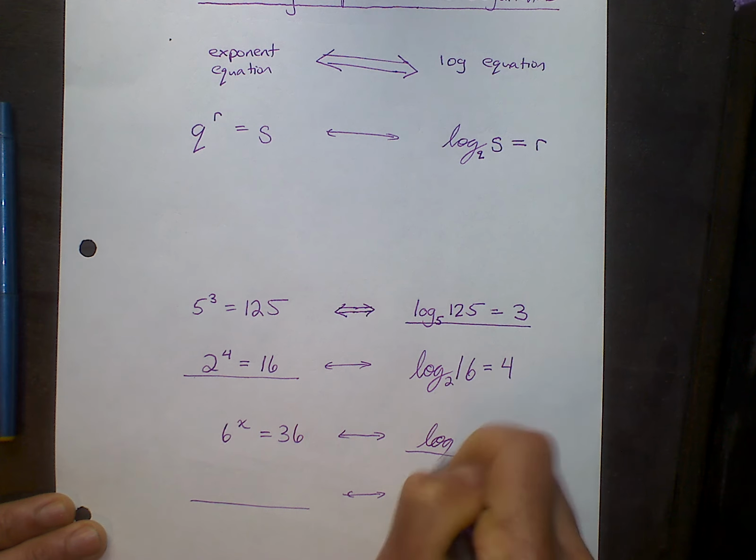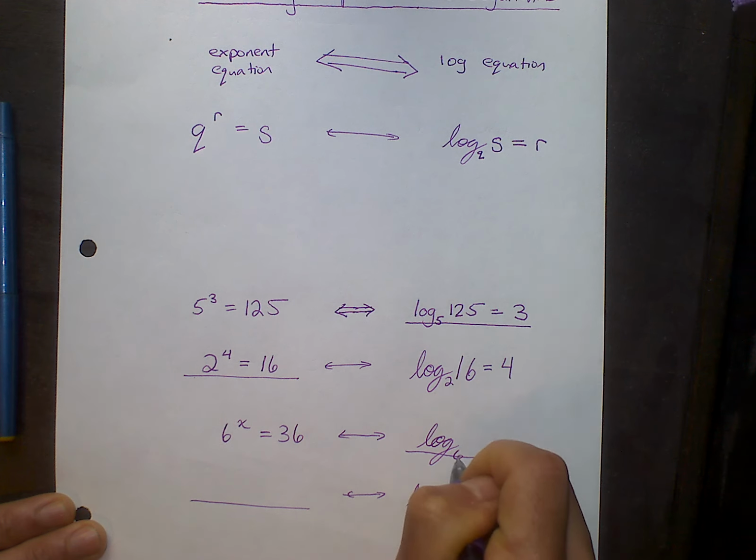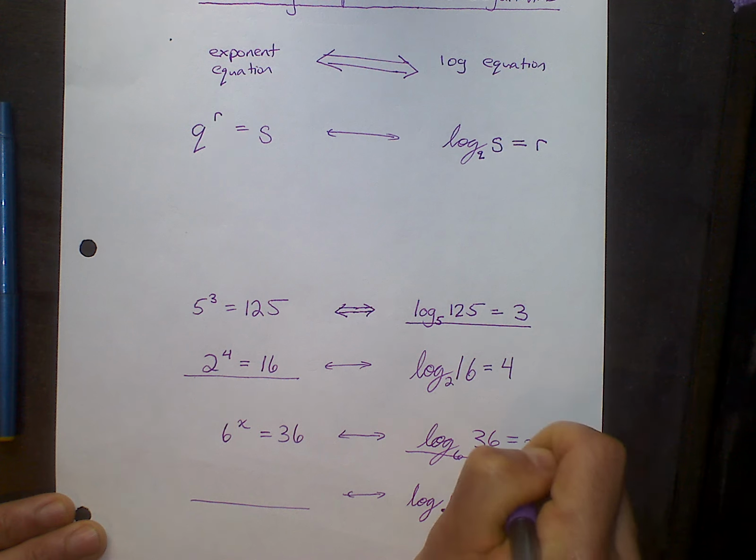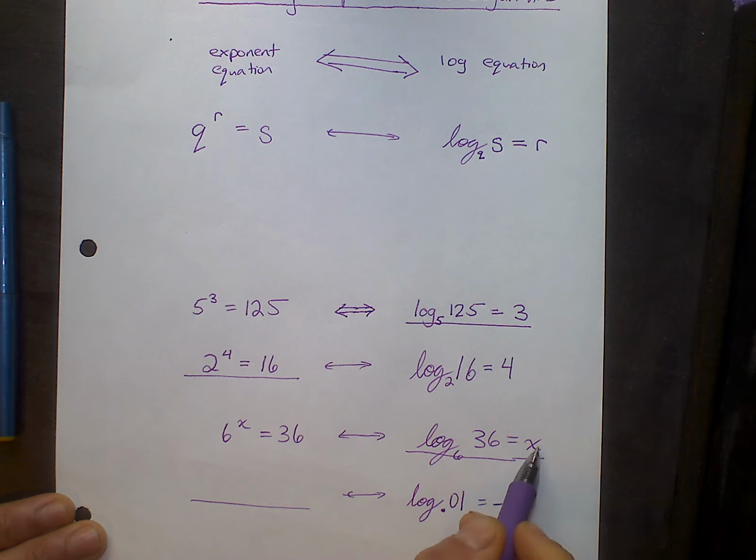Log base 6, tucked nice and small right there, of 36 equals x. I was able to get the x to the other side. That's something for the future. But notice I just rearranged in the three parts: the base, the exponent went to the other side of the equation, and the output of the exponential equation form was what I was taking the log of.